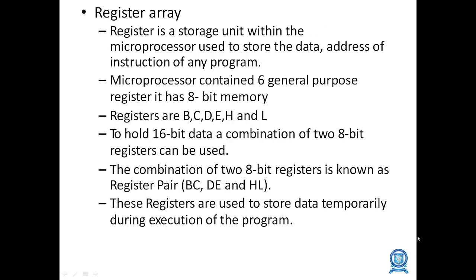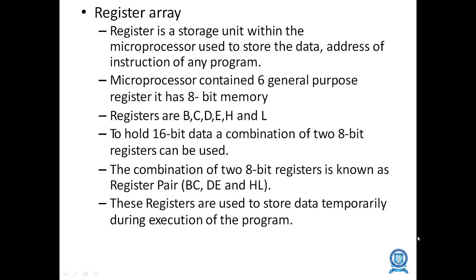Next is the register array. A register is a storage unit within the microprocessor which is used to store the data and address of the instruction for any program. A microprocessor contains 6 general purpose registers. They are 8-bit registers: B, C, D, E, H and L. To hold 16-bit data, a combination of two 8-bit registers can be used.